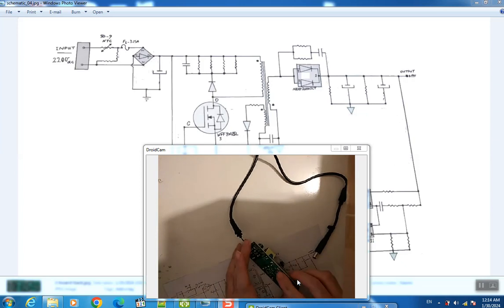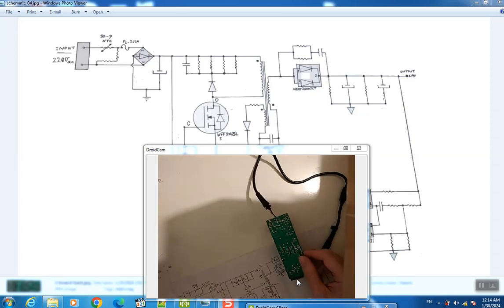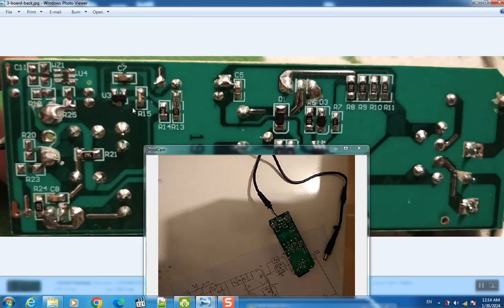These pins are easily identified here, and here.